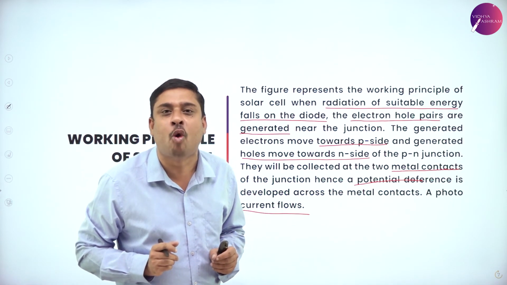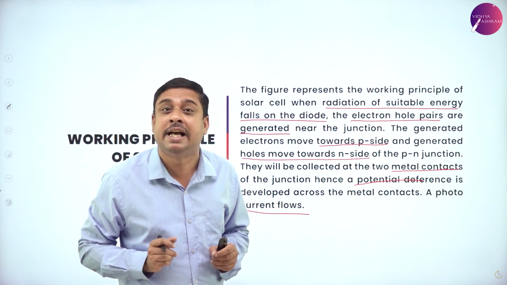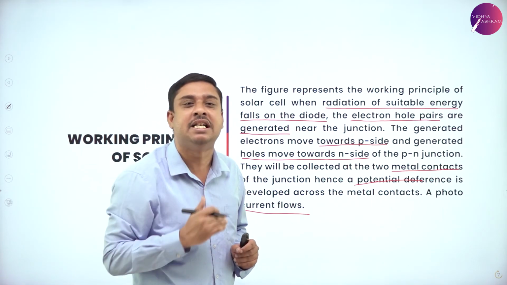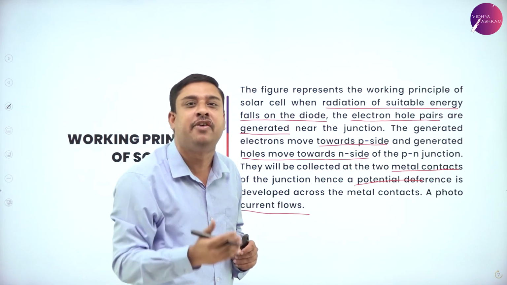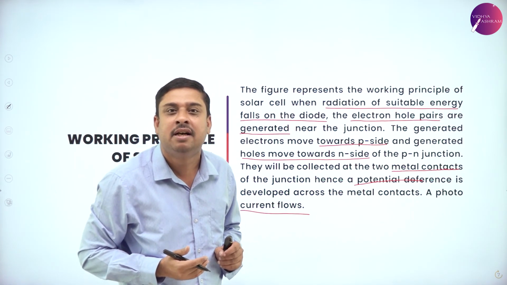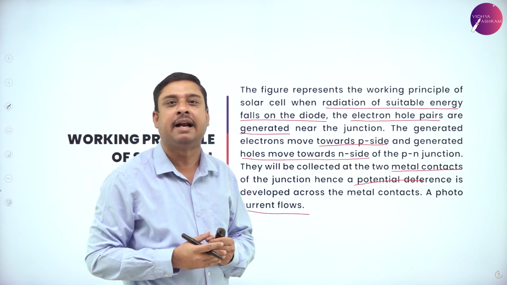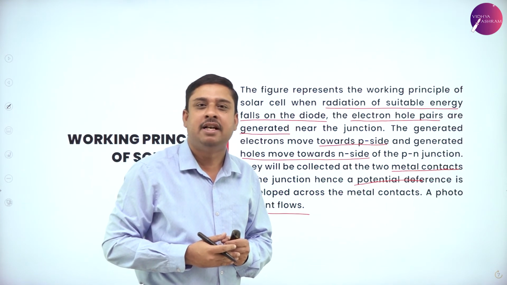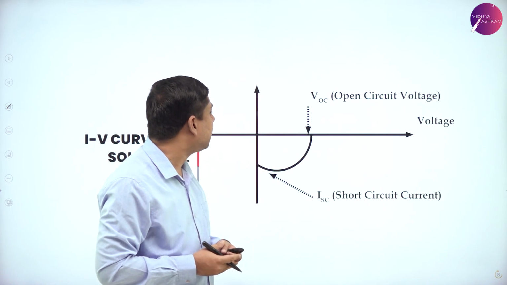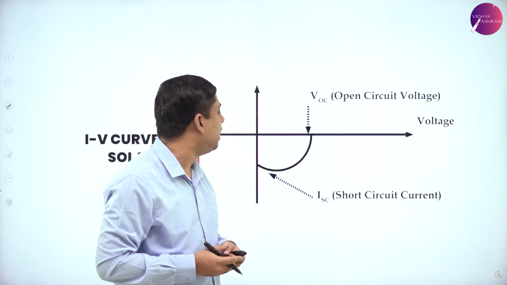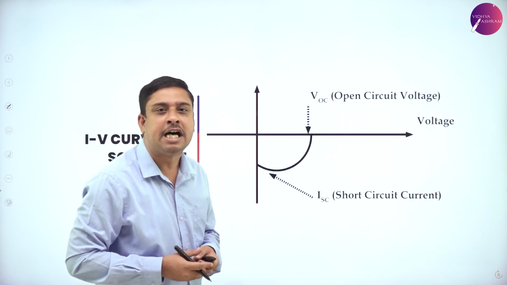Due to the flow of these charge carriers, a certain potential difference is developed. The moment you say potential difference, there is current called photocurrent, and the strength of this current is measured by the ammeter. And this is the graph which shows the working of a solar cell.